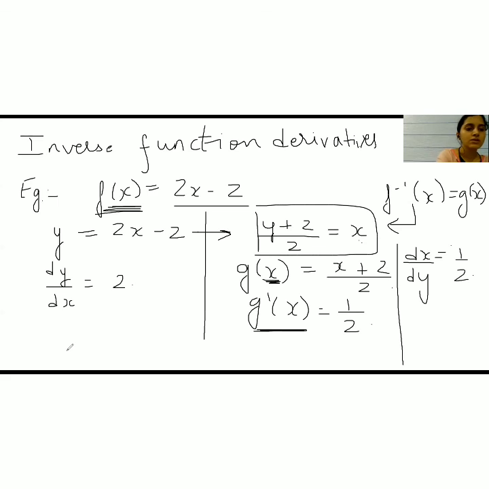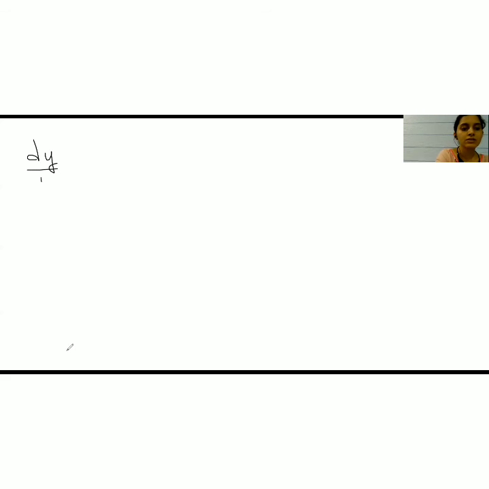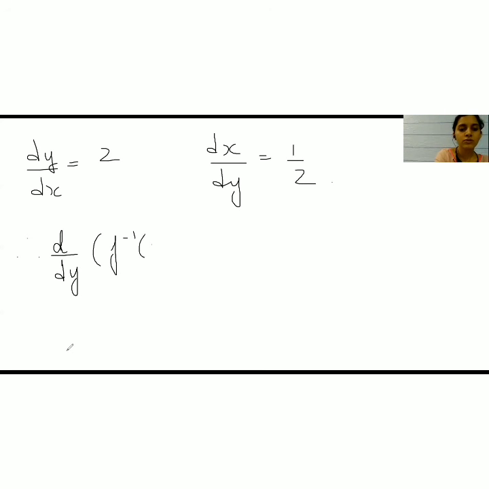Now let us look at these two values: dy by dx, which is the derivative of f of x, I'm getting 2, and dx by dy, which is the derivative of the inverse function, I'm getting half. So therefore we can write that the derivative of the inverse function, f inverse of y, is equal to 1 upon the derivative of the function itself, dy by dx.